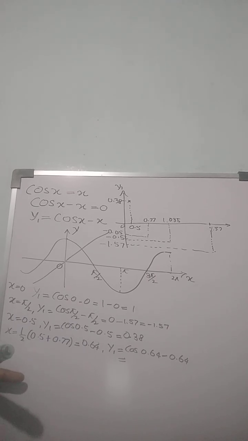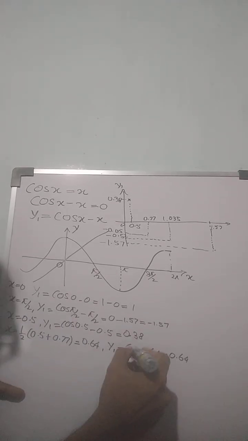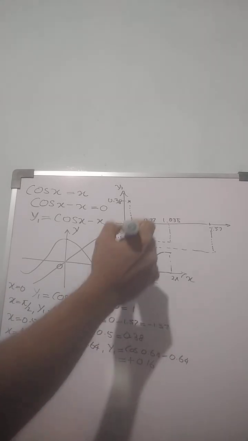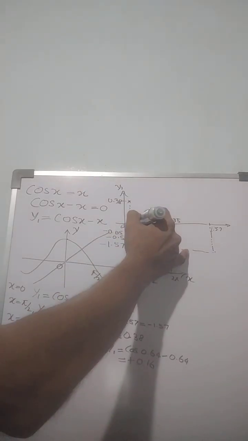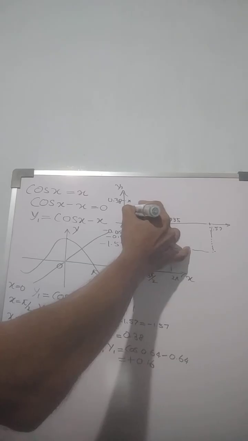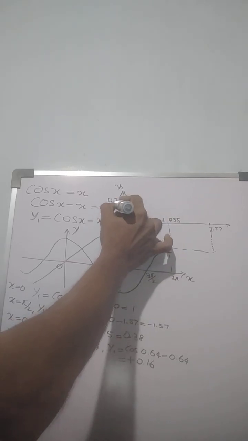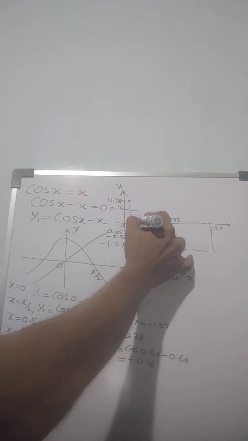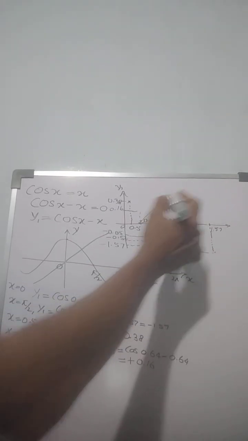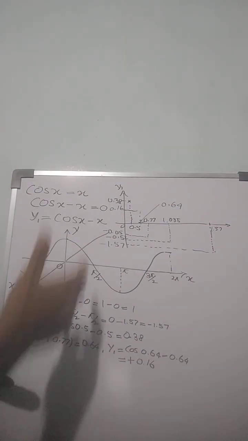Here we get a positive value, plus 0.16. At 0.64 we got the value 0.16.